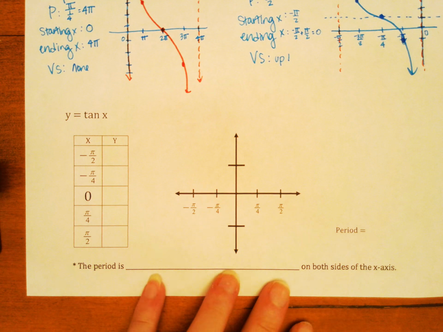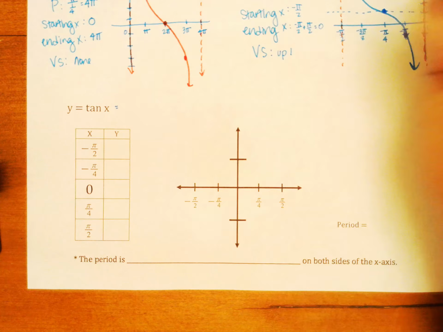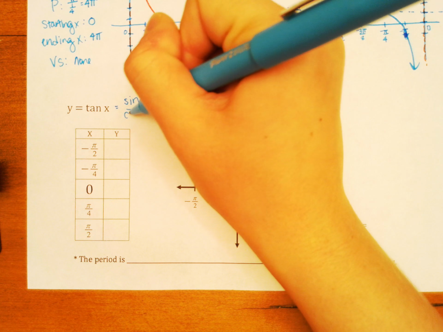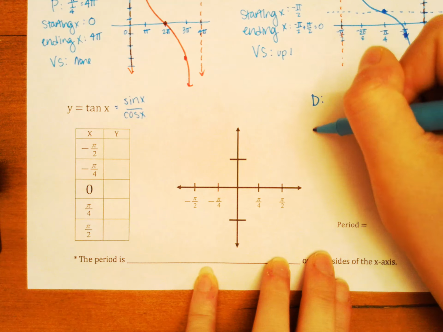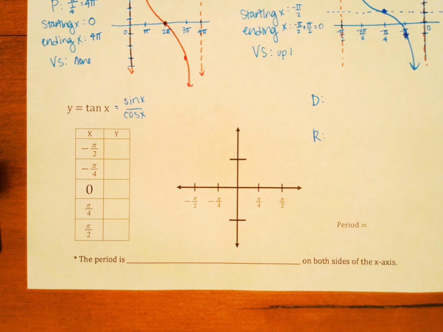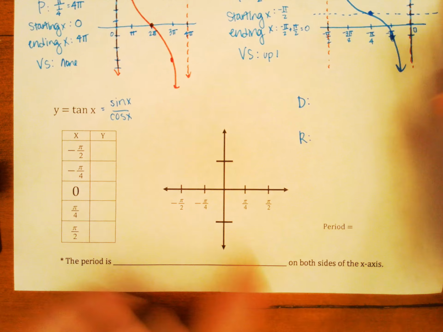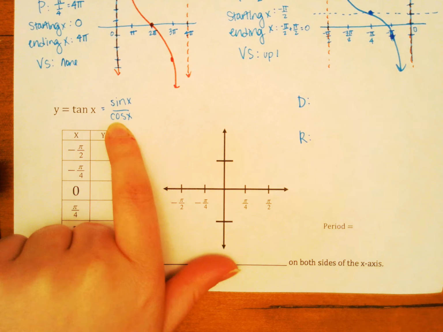So with tangent, we're going to do the same process where we write it as a ratio of trig functions. So tangent is going to be sine over cosine. And so right now, since we're on the right track of dealing with our domain and range, let's think about what our domain of this thing is going to be. Our domain actually is the same as secant, because cosine is in the denominator. That's how we can tell we have an issue, because we have a divide.